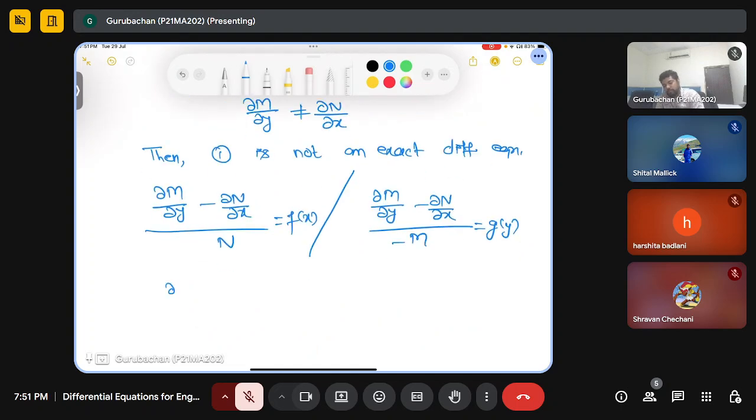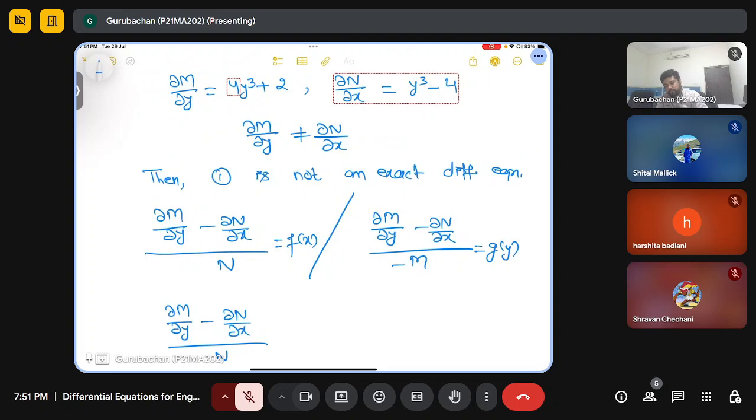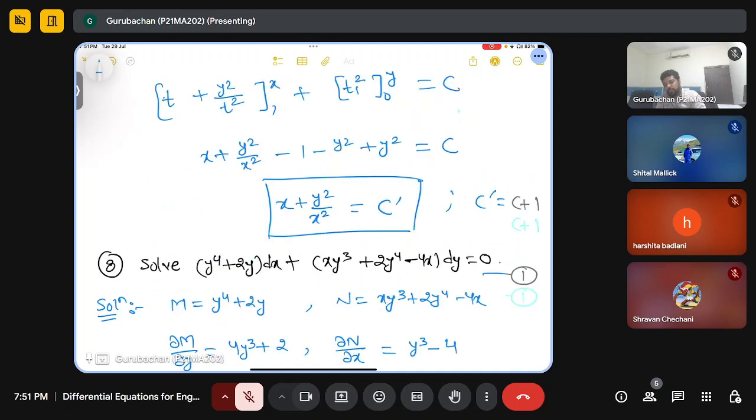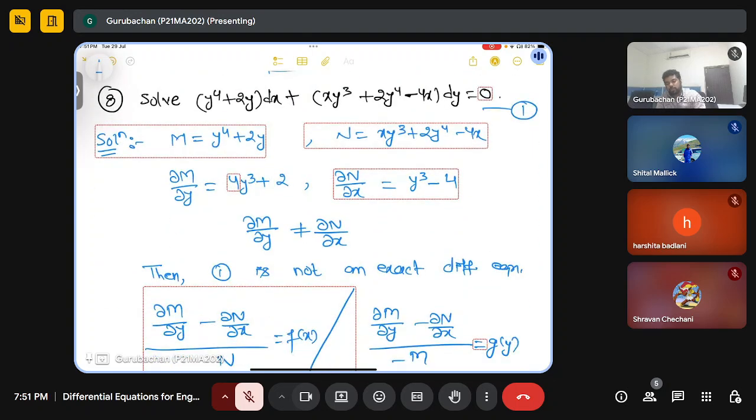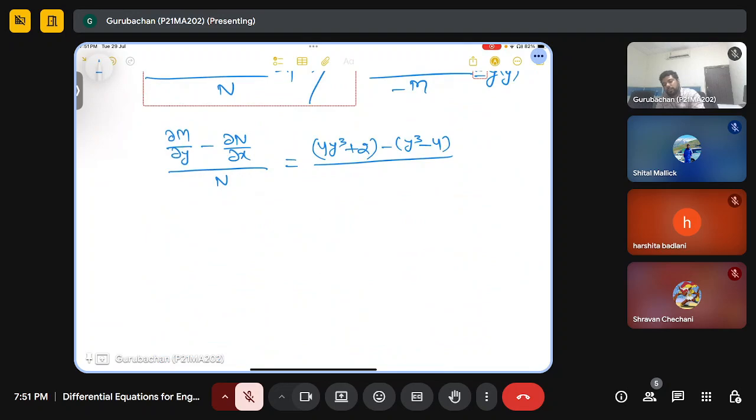So del M by del y minus del N by del x divided by N will give us 4y cube plus 2 minus y cube minus 4, divided by, what is N here? N is xy cube plus 2y to the power 4 minus 4x.